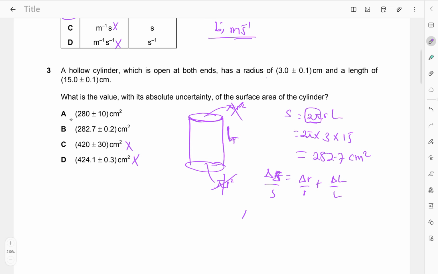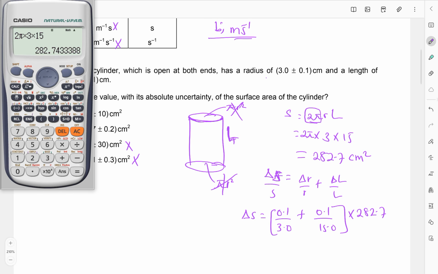That means the absolute uncertainty in the surface area is going to be, for R, 0.1 over 3.0 plus for L, 0.1 over 15.0. Then I'll multiply this by S, so this is times 282.7.